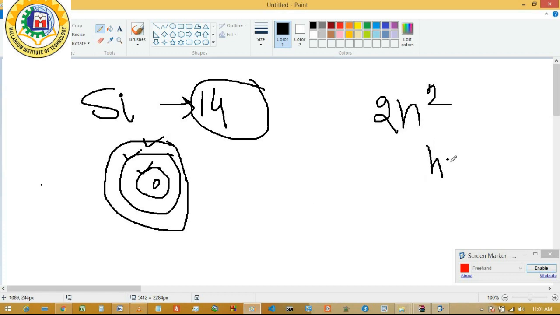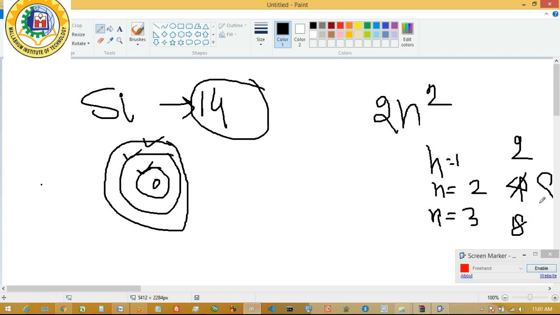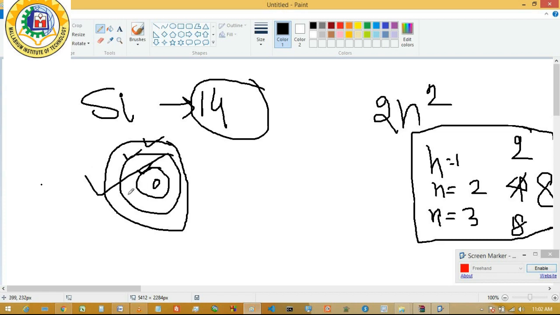For n equal to 1, the maximum number of electrons is 2, for n equal to 2, the maximum is 8, sorry, not 4, it is 8, and for n equal to 3, the maximum is 18. This is the general formula for electron population of any energy level according to this model.